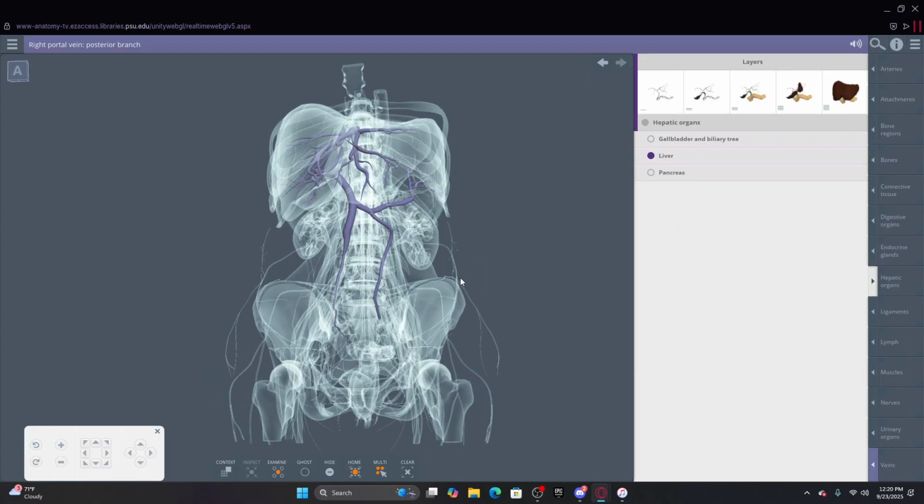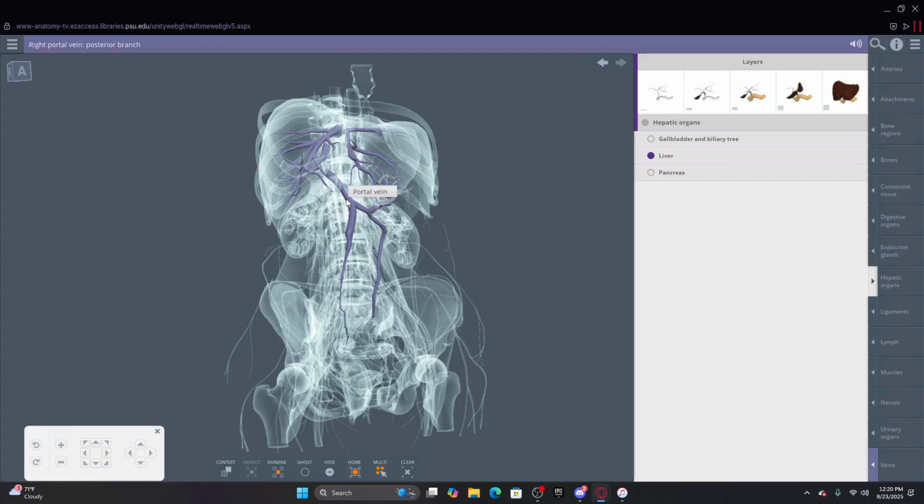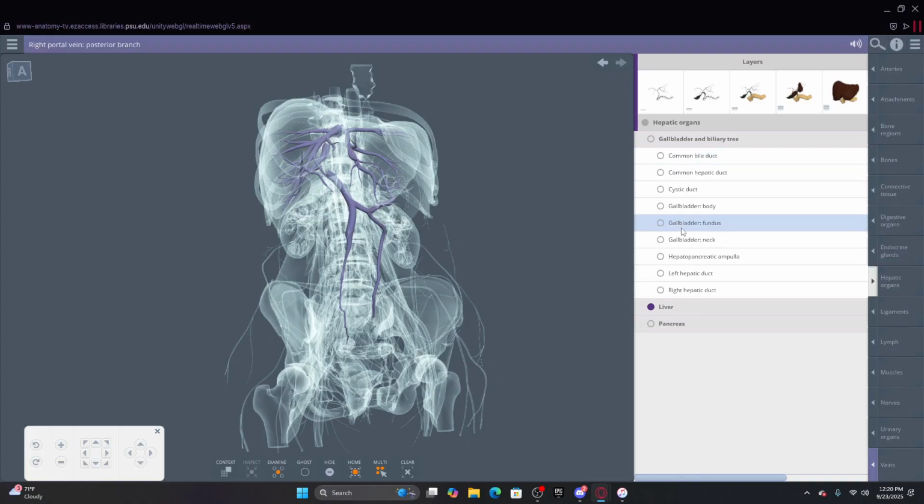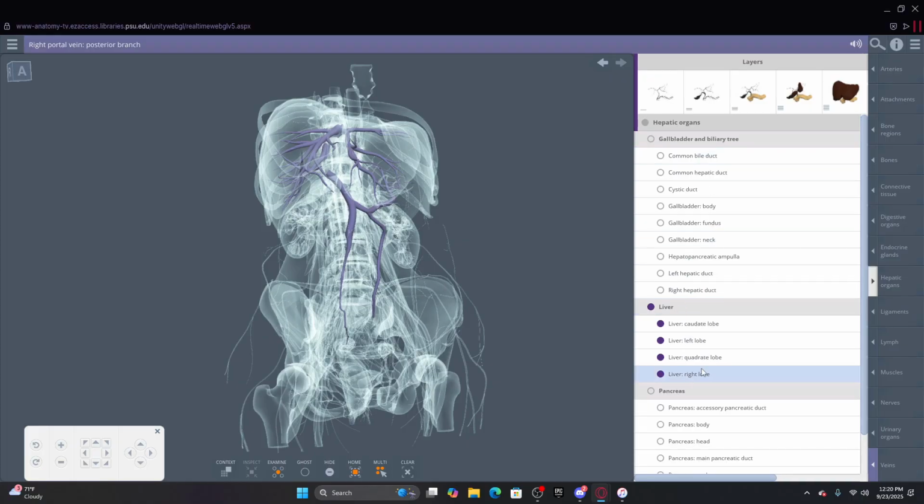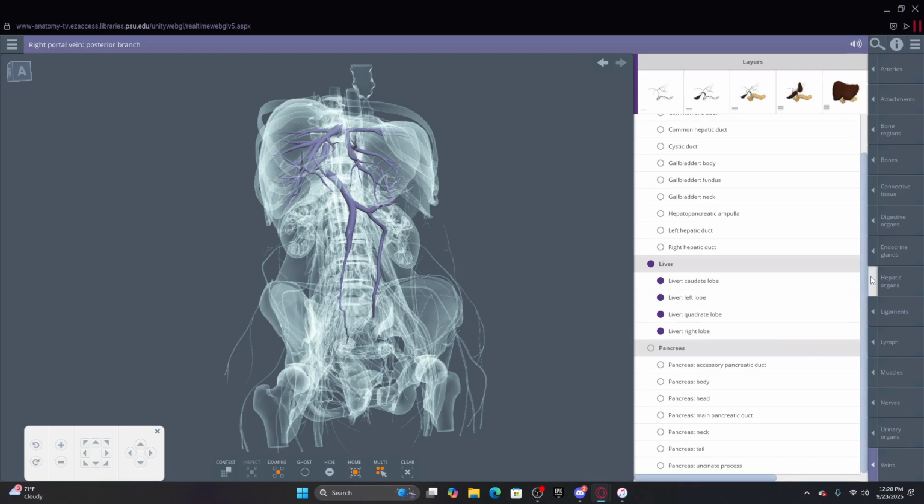Okay, so we have our hepatic portal vein. That's that vein right there, the hepatic portal vein. And then we have our splenic vein. This is our splenic vein going towards our spleen. Makes sense, going towards our spleen, which is in this region. I can also press spleen just so we can see that.